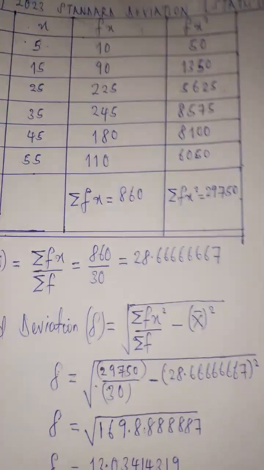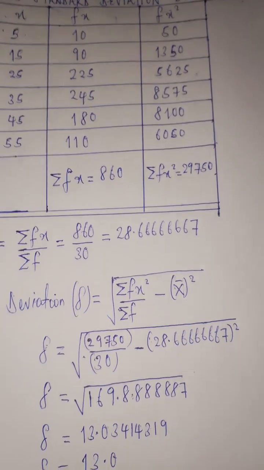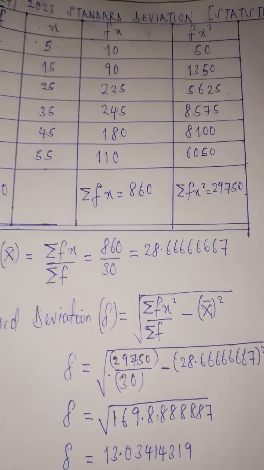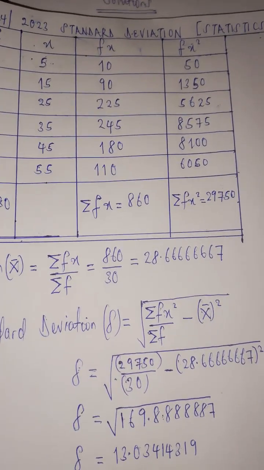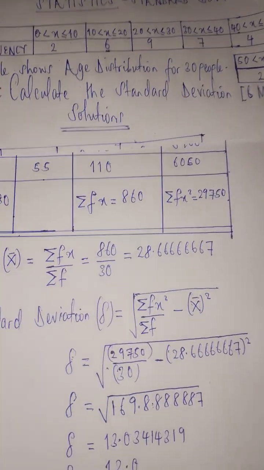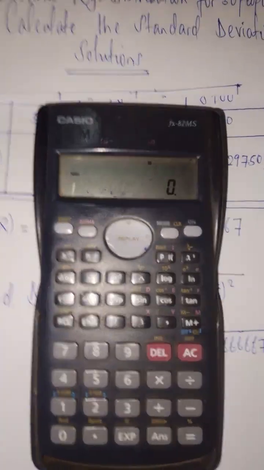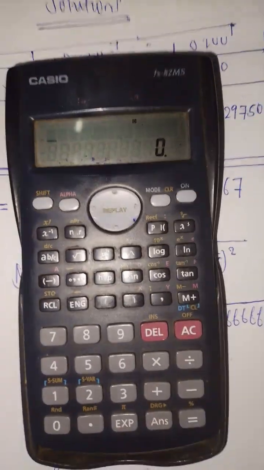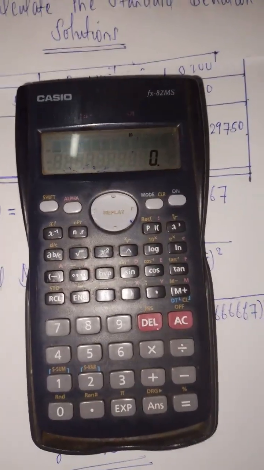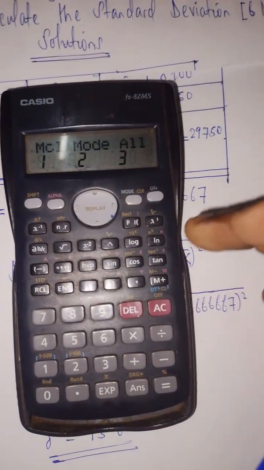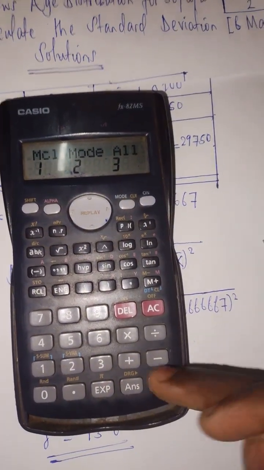Now let me show you how you can calculate using a calculator. Okay, so this is my calculator. The first thing I'm going to do is to reset this calculator. So to reset, I'll press shift, then mode, then 3.